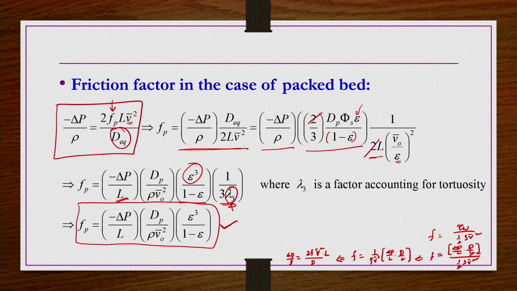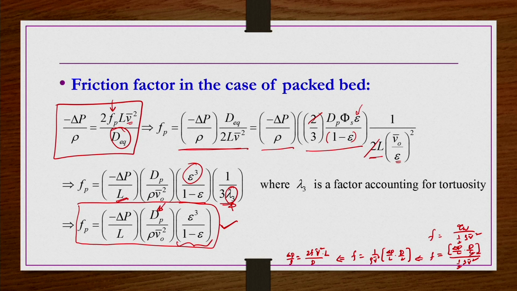So, here the friction factor in the case of packed bed, what we get, Fp is equal to minus delta P by L dP by rho V naught bar square epsilon cube by 1 minus epsilon. This is what we get, right. Now this is the additional term coming because of the packing material, and this part is also coming because of the packing material.